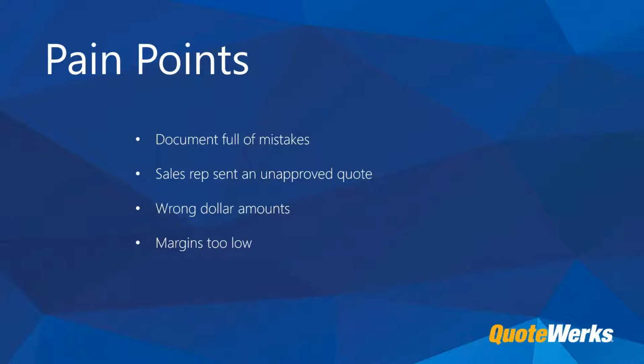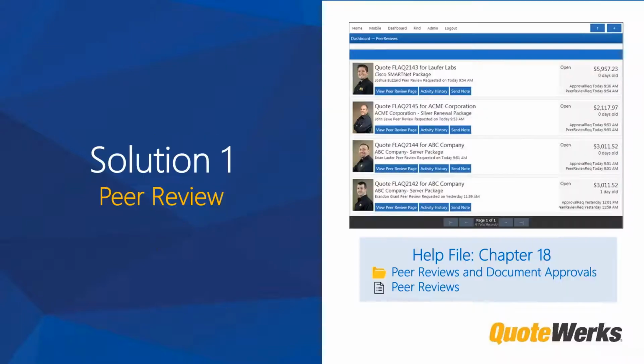Perhaps they've had the wrong items, incorrect dollar amounts, items with $0 amounts, or really low margins or really high margins. Since you're on this webinar, my guess is that you've probably experienced that before. So let's talk about how we can help alleviate some of these issues.